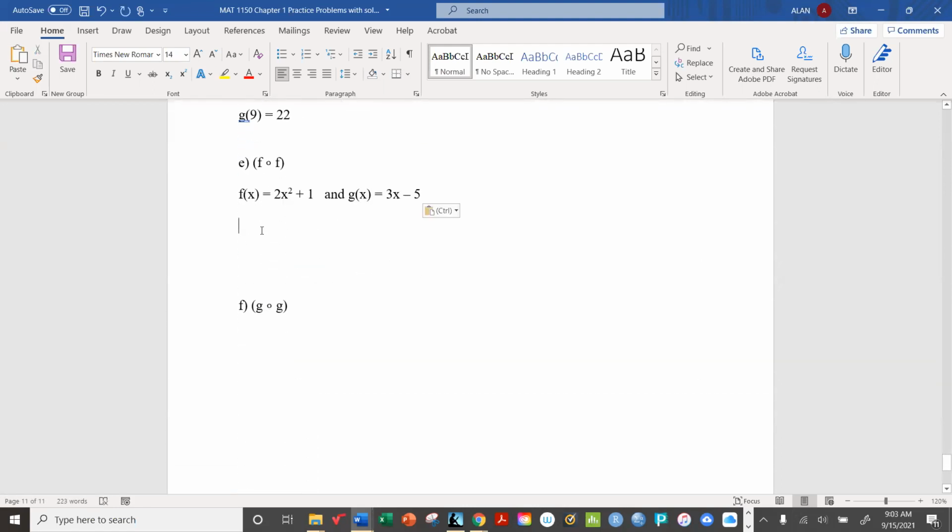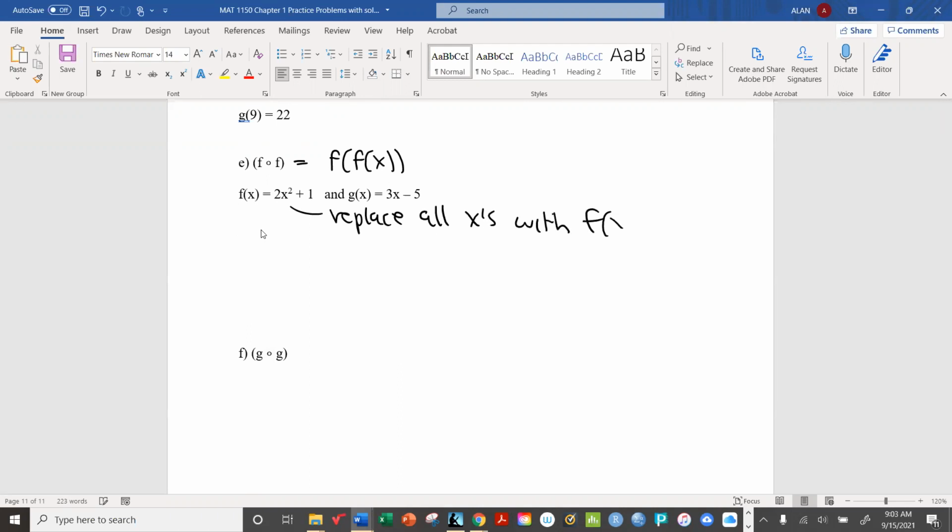So that symbol, f, that little zero here, this actually is shorthand for f of f of x. Okay, so what you're doing is you replace all x's with f of x. Seems strange, but that's exactly what you're doing.